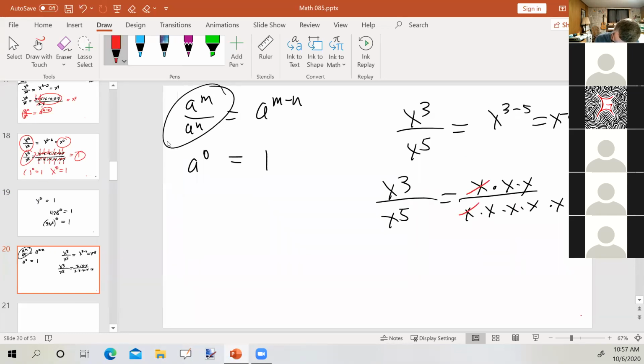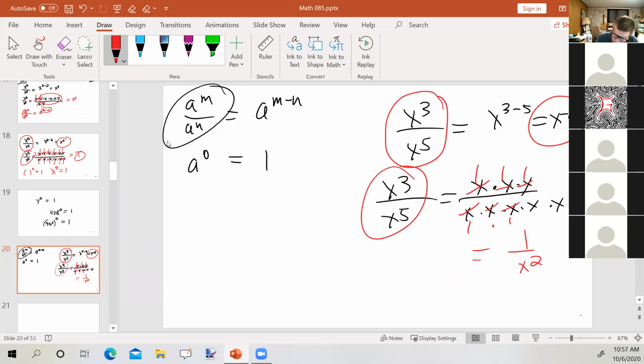And we reduce it down, reduce it down, reduce it down, and I'm left with 1 over x squared. So x cubed divided by x to the 5th equals x to the negative 2 power, but it also equals 1 over x to the 2 power. So that means x to the negative 2 equals 1 over x to the 2 power.